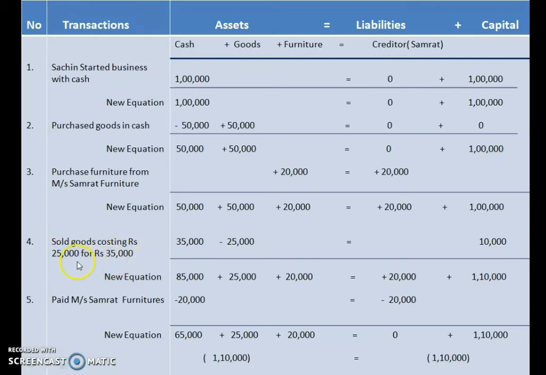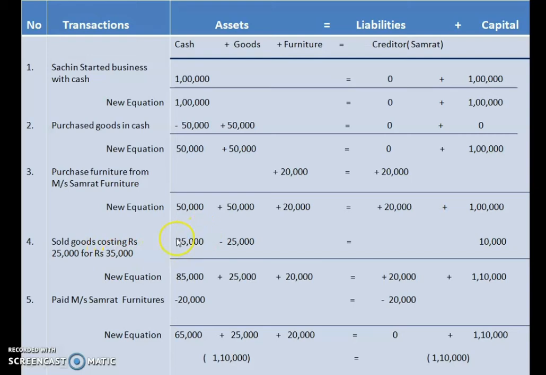That means when you sold the goods, you have received cash of rupees 35,000. The value of the goods is 25,000, but you are selling that good for rupees 35,000. So the cash you receive after selling this good is 35,000.